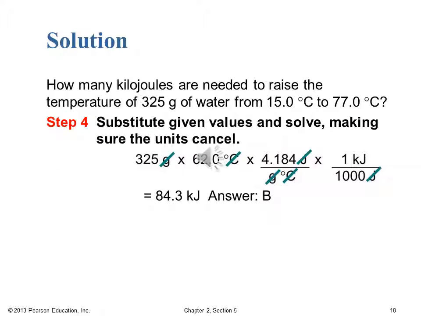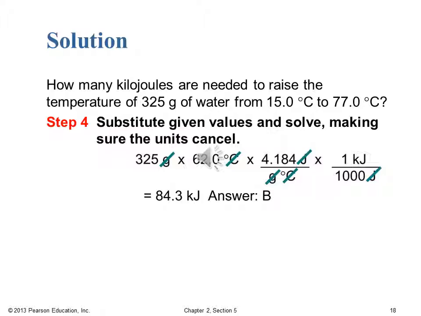Okay, so finally moving on to step 4, we substitute in those given values and solve for our heat energy, and finally in this case make sure that the units are correct. So 325 grams of water times 62.0 degrees Celsius, the temperature change for the water, times 4.184 joules per gram degree Celsius, the value for the specific heat of water in joules per gram degree Celsius, since we're ultimately looking for kilojoules here.